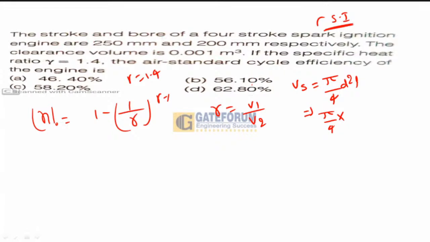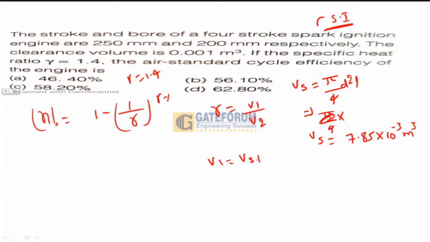If you solve, the value of Vs will be 7.85 multiplied by 10 to the power minus 3 meter cube.